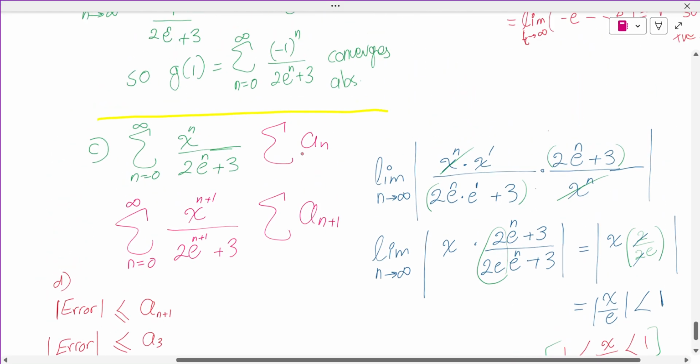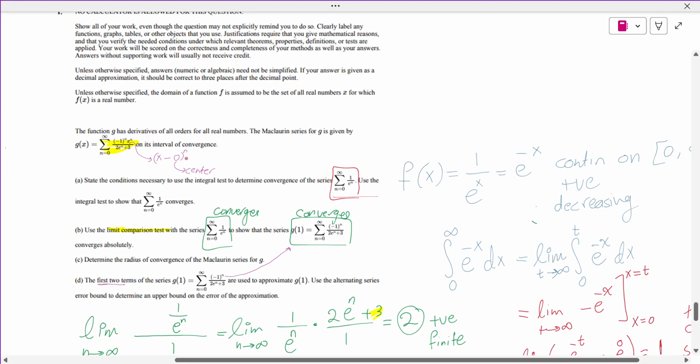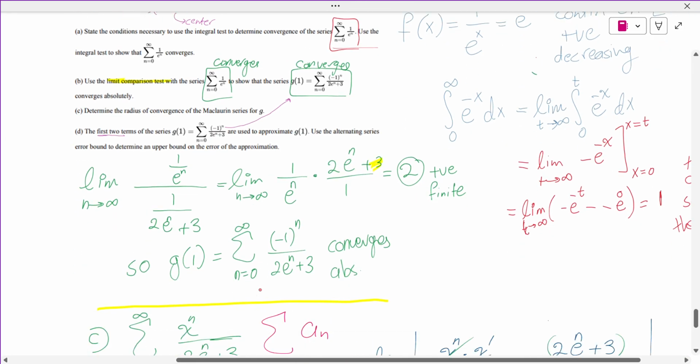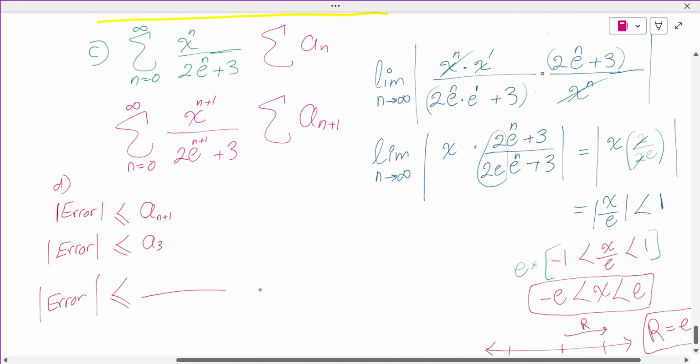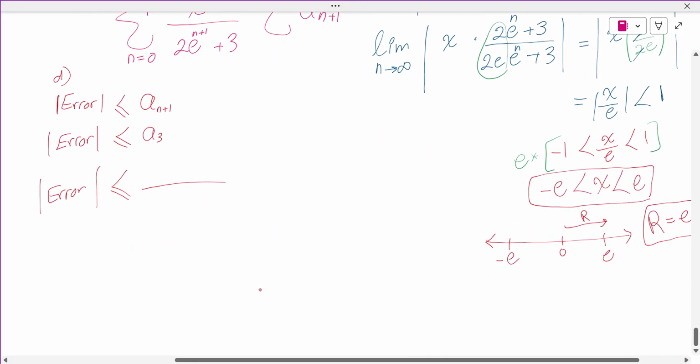So which sigma are we using? It will be the same because x equals 1. Will it be negative or positive? There is no negative, because there is an absolute value. So 1 over 2e to the power of 2 plus 3.